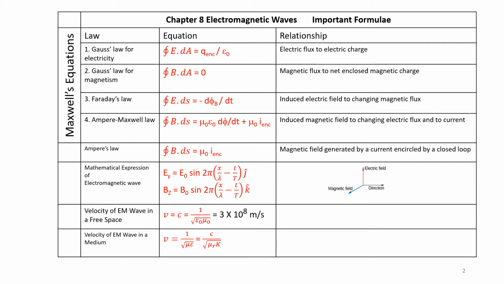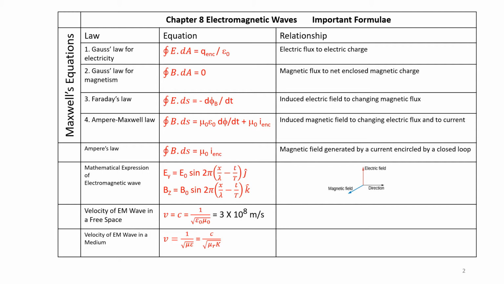The mathematical expression of an electromagnetic wave is given by E y equals E naught sine 2 pi into x by lambda minus t by capital T, in the j direction. This is the electric field and its equation is given here.